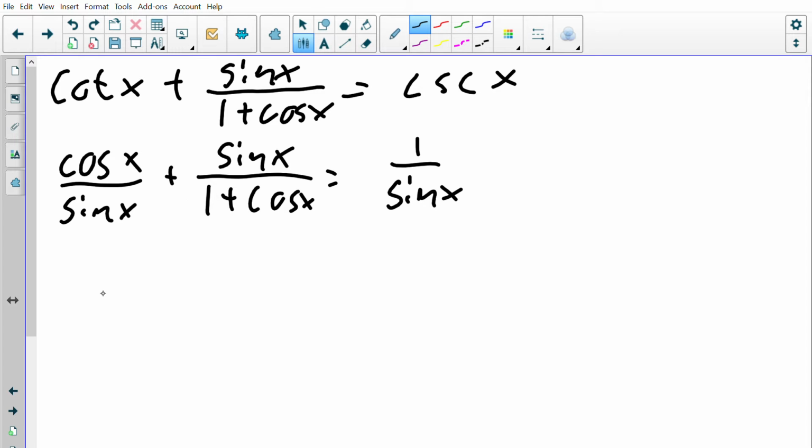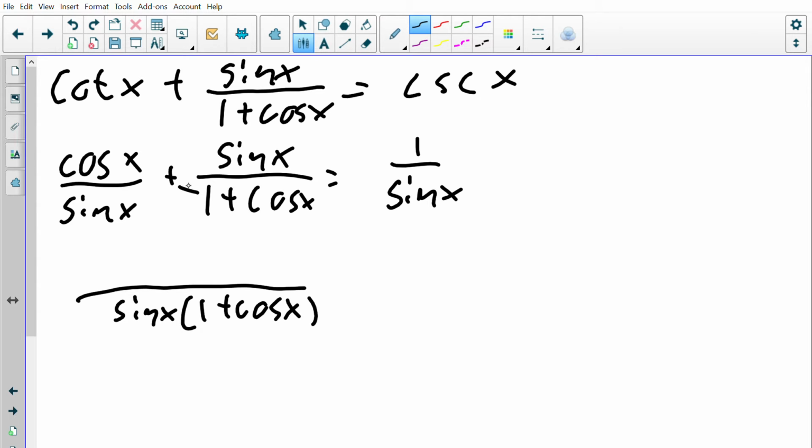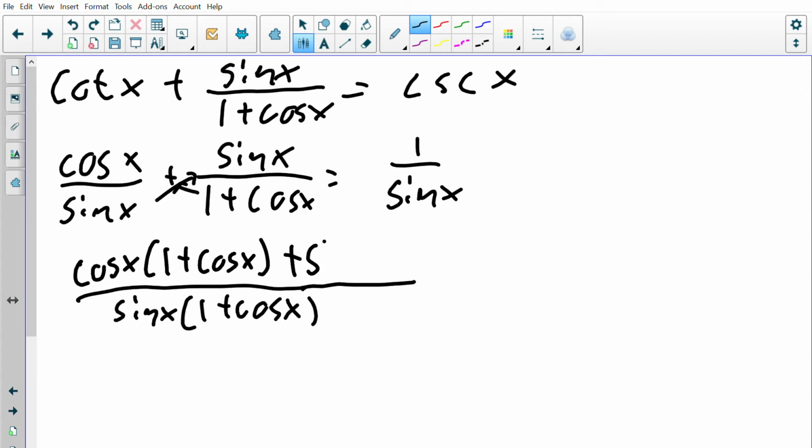So for it to be sine x times 1 plus cosine x, we would have to cross multiply. So this becomes cosine x times 1 plus cosine x plus sine x times sine x. And then we're going to make that still equal to 1 over sine x.